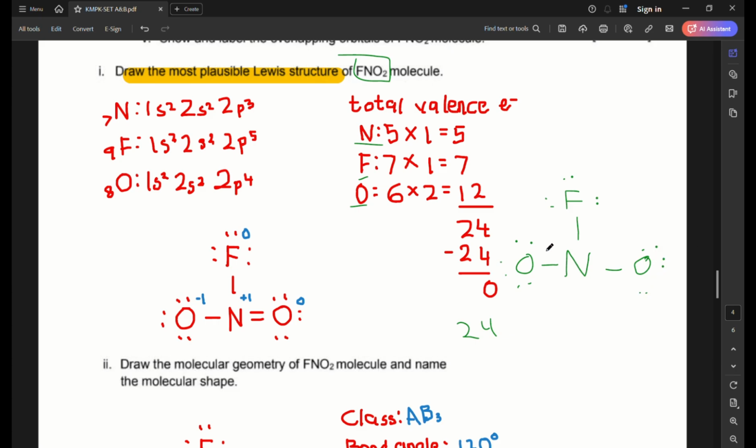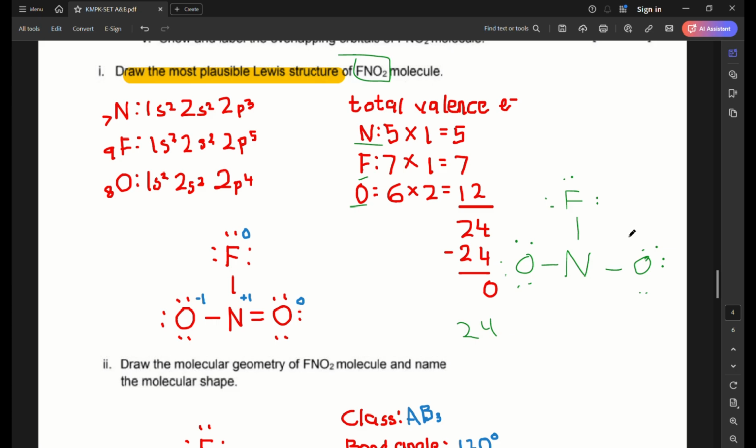So now we need to recheck it. If you can see, this oxygen is already octet, the fluorine is already octet, and this oxygen is already octet, but the nitrogen is still not octet yet, it's still not stable.